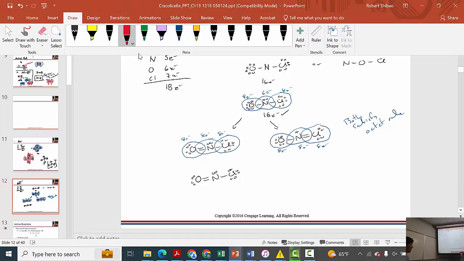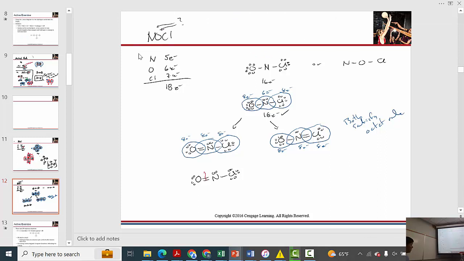So what we're going to do is, again, split the bonding electrons and then count how many oxygen has. How many does oxygen have here? 6. And how many did it contribute? 6. So it broke even. 0. And then how many does nitrogen have? 5. How many did it contribute? 5. So we're even. Chlorine? 7. And chlorine contributed 7. And so this came out even. So everybody got what they contributed.